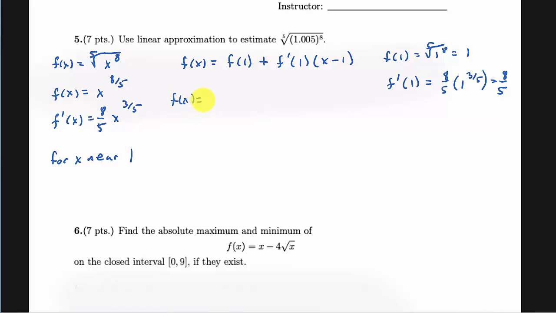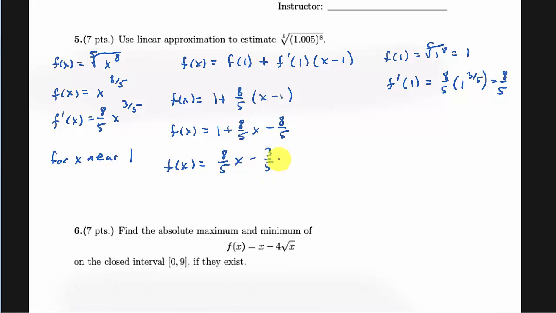So f of x is equal to 1 plus 8/5 times x minus 1. So f of x is equal to 1 plus 8/5 x minus 8/5. So f of x is equal to 8/5 x, and that is going to be minus 3/5, I believe.